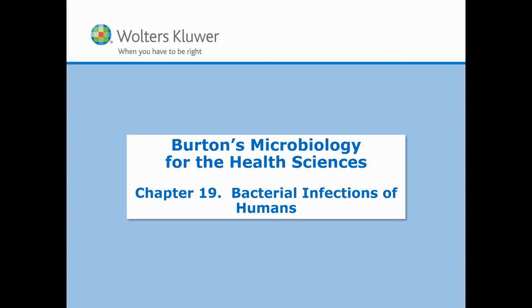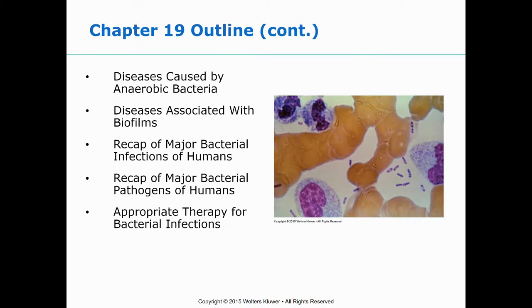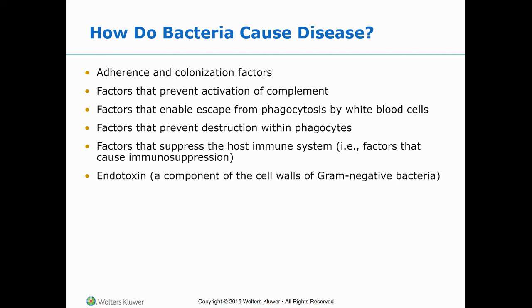So this is just going to be kind of a brief overview of other different types of bacterial diseases, or infections, as well. And again, there's a number of different ways in which bacteria can cause disease. Usually there's a lot of colonization and they adhere or sometimes insert themselves into the cells.